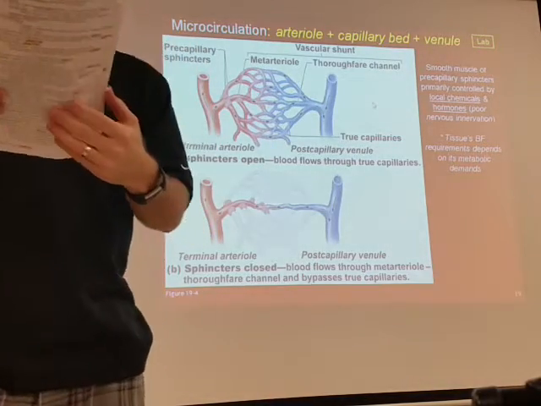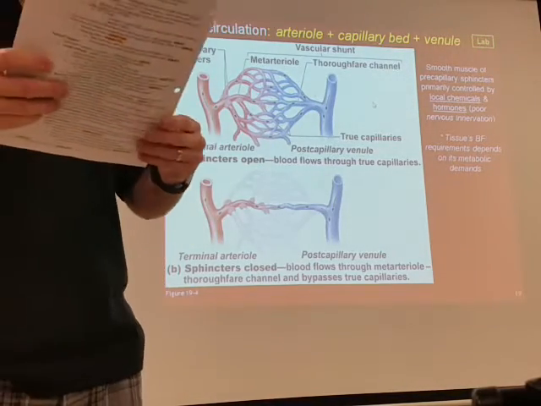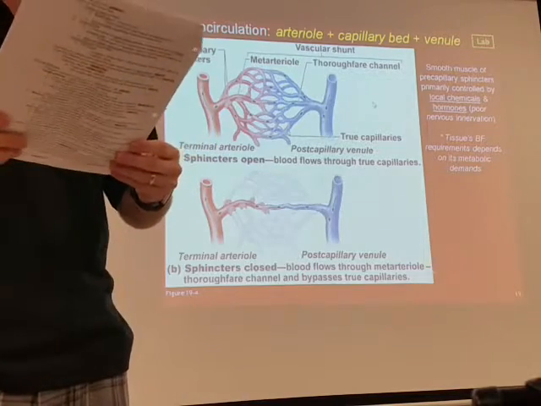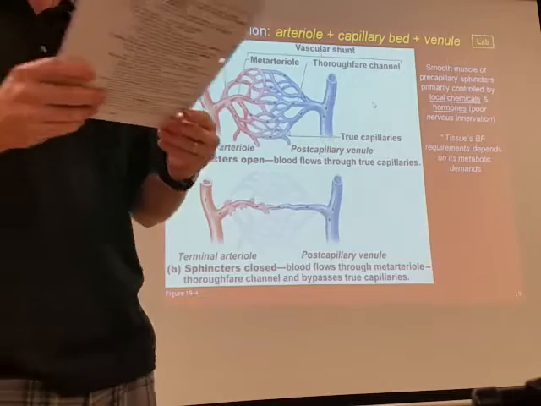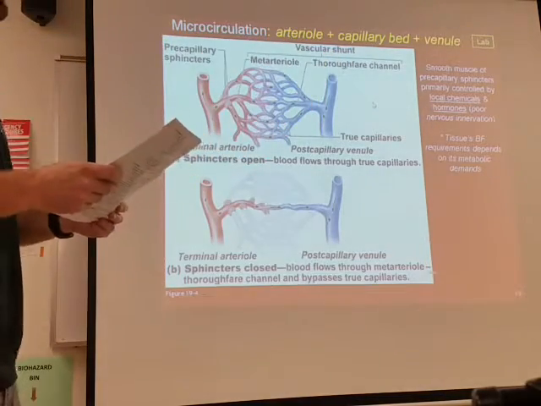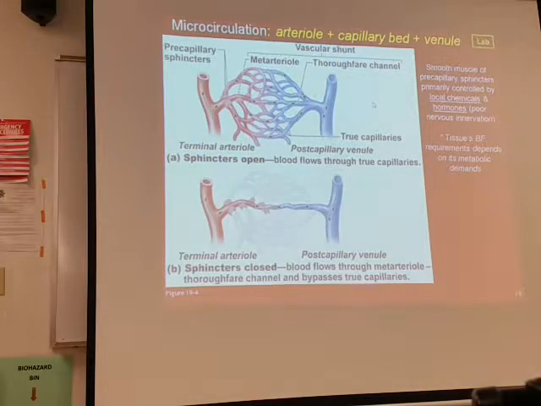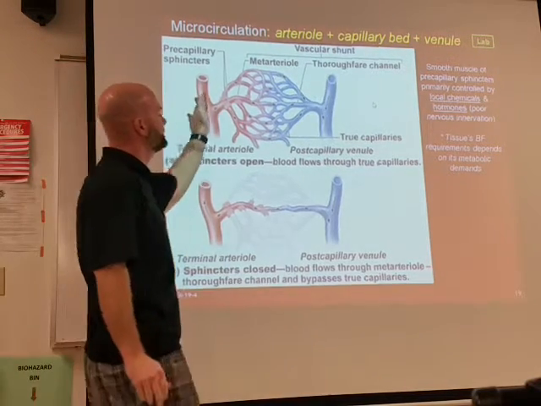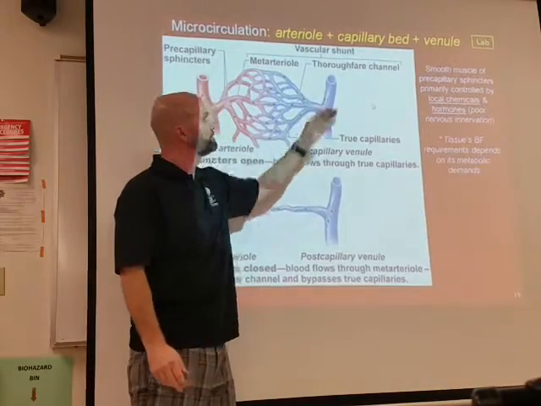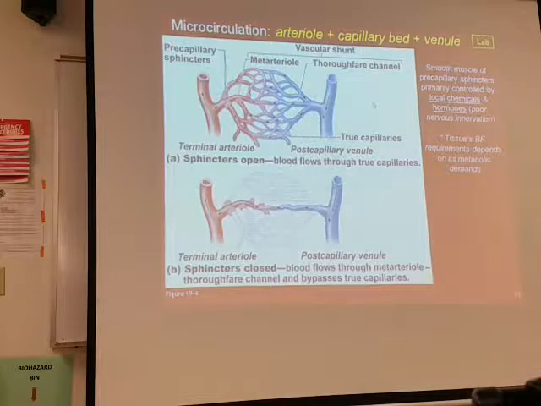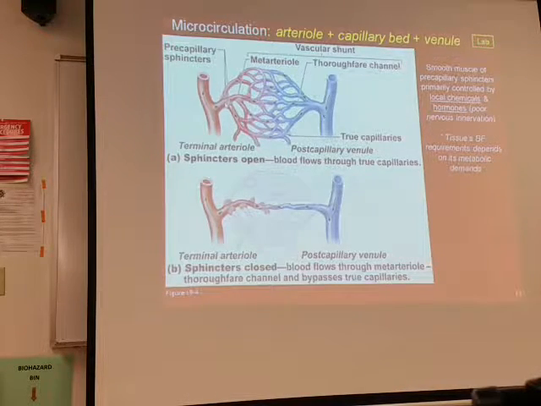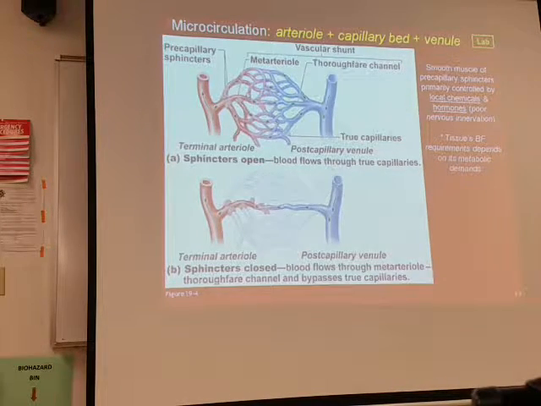Capillary bed. So we're now at the microscopic level. We have an arteriole that brings blood into the capillary bed. We have a venule that drains blood out of the capillary bed. So microcirculation is an arteriole, a capillary bed, a venule. Notice that we have smooth muscle wrapped around the beginning of each true capillary.